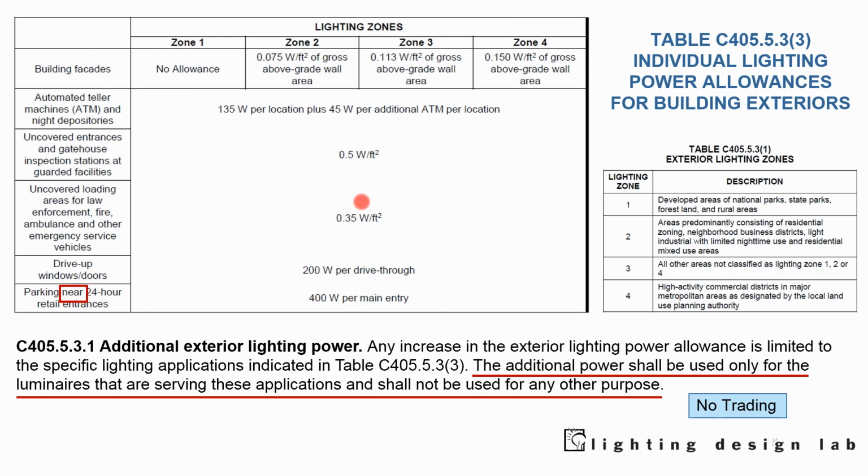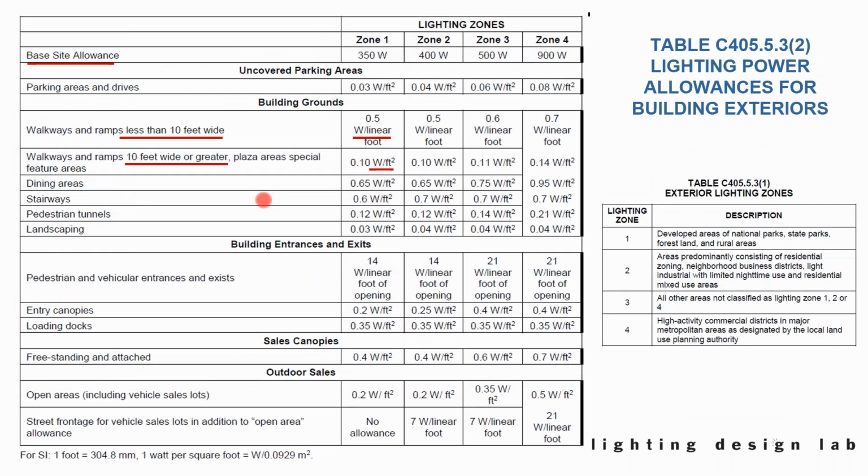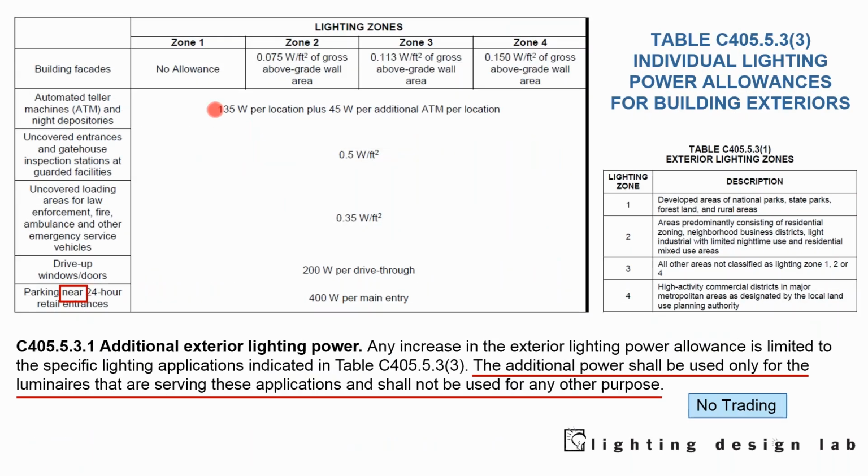So these are these areas you get. Down here, you don't get an allowance. If you have an ATM, it doesn't matter what zone you're in. You get this number of watts. It would matter in some cases for building facades, as an example. You can't light building facades in national parks or rural areas.